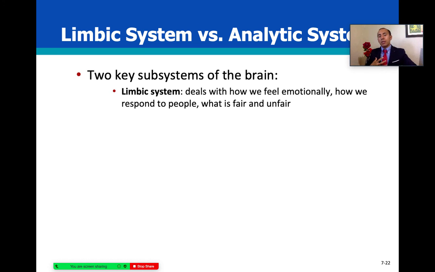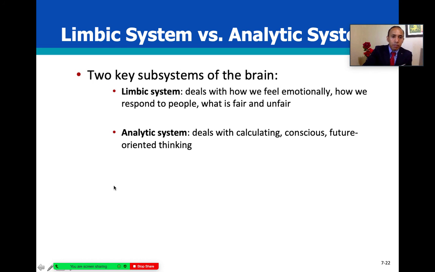Are you very responsive? Are you going to make a decision based on your emotional standpoint? What's fair? What's unfair? How does this make me feel? If you have a highly reactive limbic system, your decision will relatively be made by the limbic system. But often they both work together, the limbic and the analytic system.